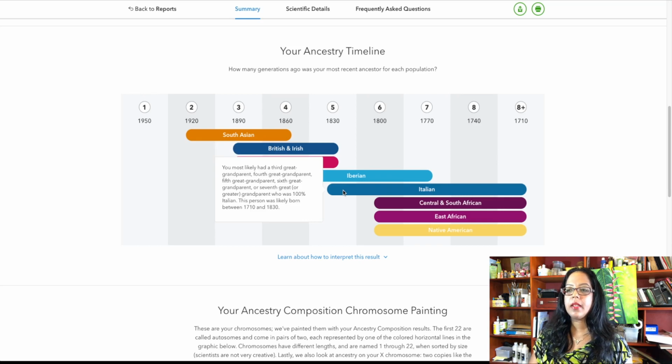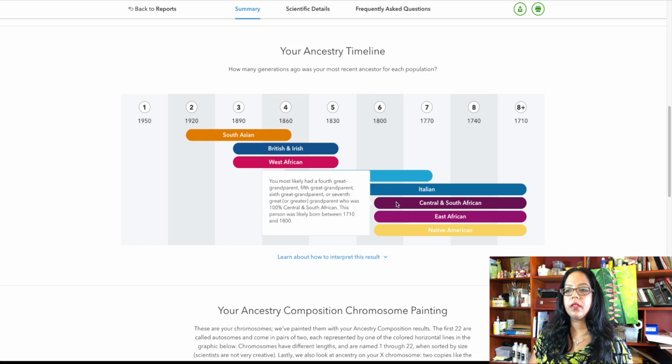And then it says here, on the Italian, you most likely had a third great-grandparent, a fourth great-grandparent, a fifth great-grandparent, a sixth great-grandparent, or seventh great-grandparent or greater who was 100% Italian.